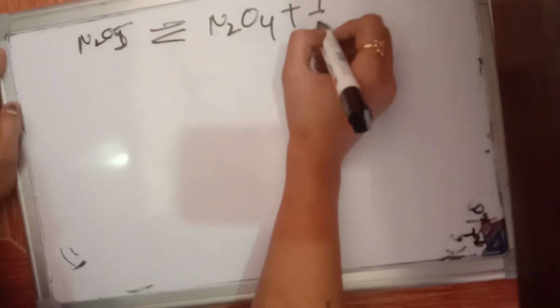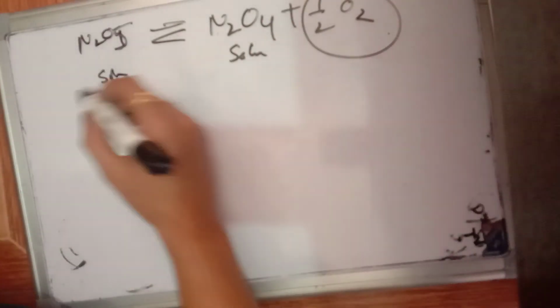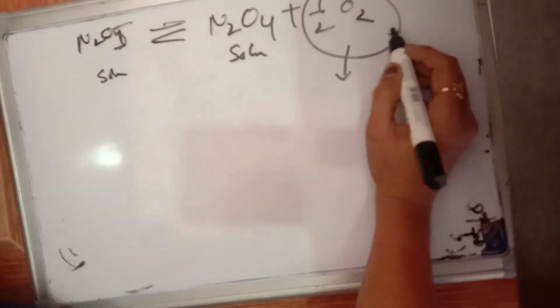Similar reactions are the decomposition of N2O5, which gives us N2O4 plus half O2. Again only oxygen is a gas, so it can be studied by measuring the volume of oxygen.